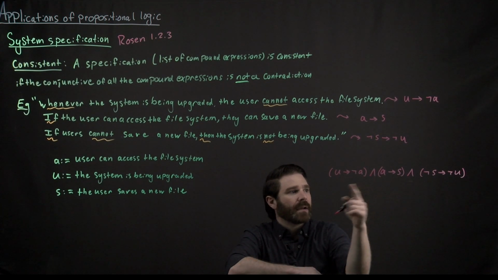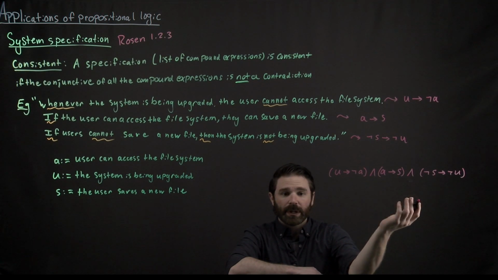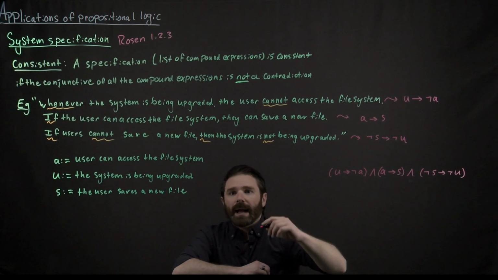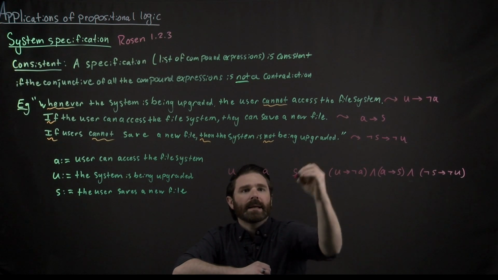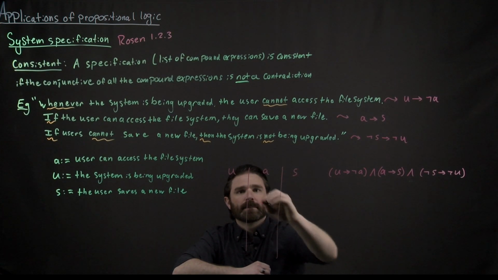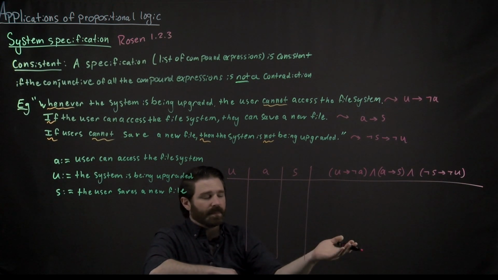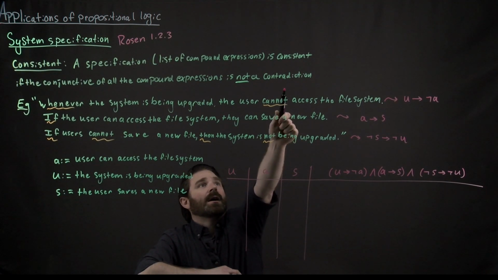And you can see that I have 3 underlying variables right here. So if I wanted to, what I would have to do is figure out U, A, and S, draw myself a nice big old truth table like this and make sure that it is not a contradiction.